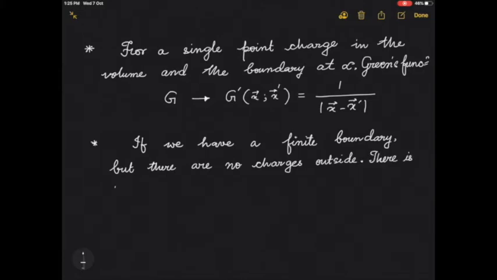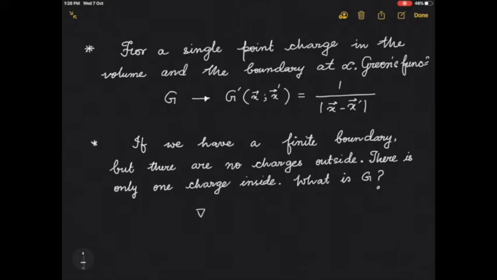There is one charge. So what is G? Okay.